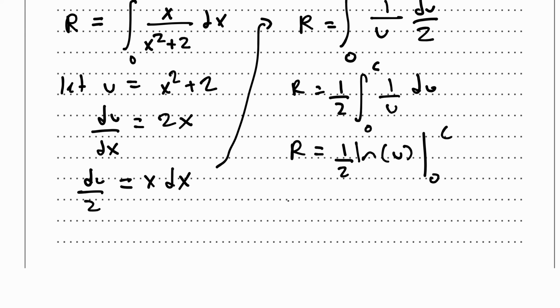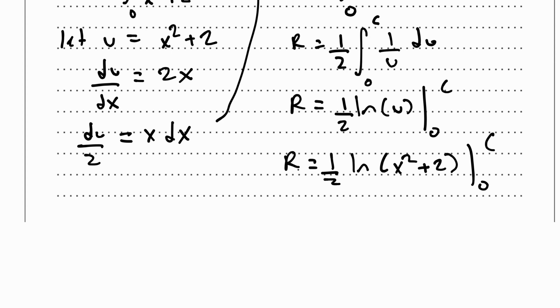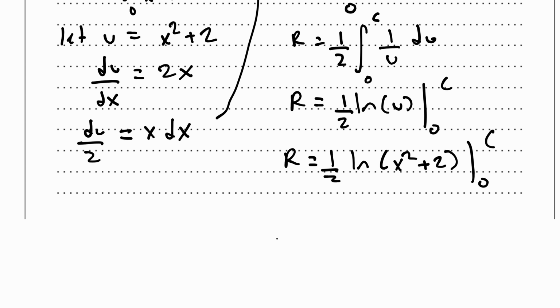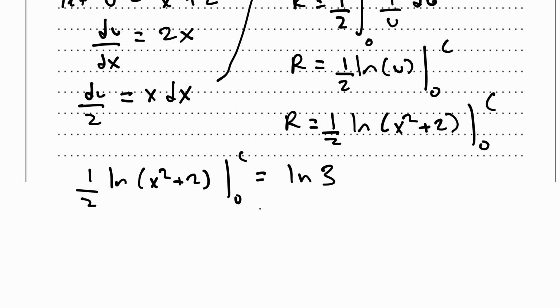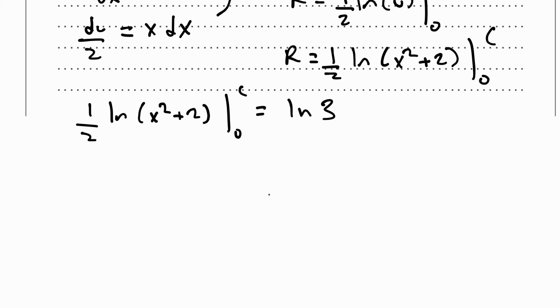Now region R is equal to 1 over 2 ln of x squared plus 2 going from 0 to c. And we know region R is equal to ln3. So now let's use that. 1 over 2 ln of x squared plus 2 going from 0 to c is equal to ln of 3.